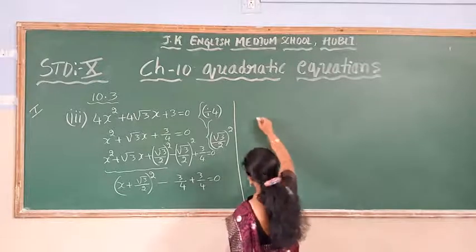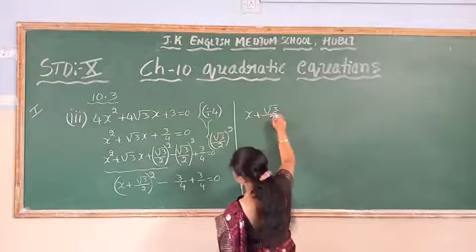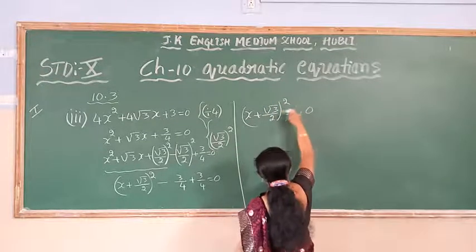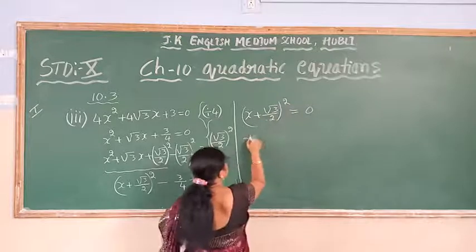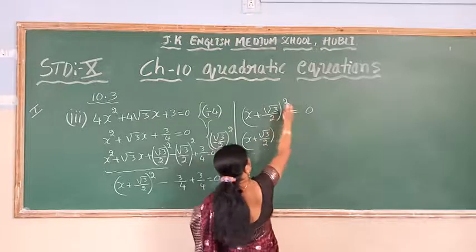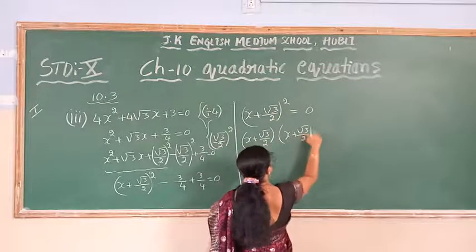So that is x plus root 3 by 2 whole square is equal to 0. Here I can write this as x plus root 3 by 2 is equal to 0.